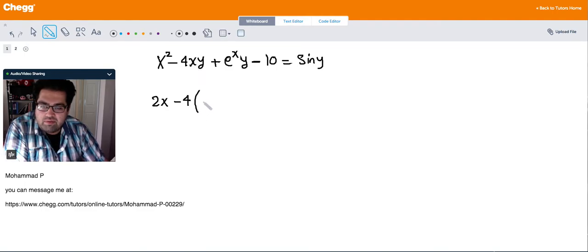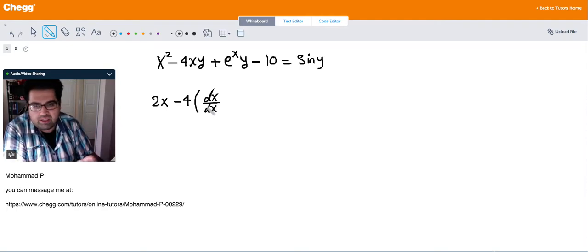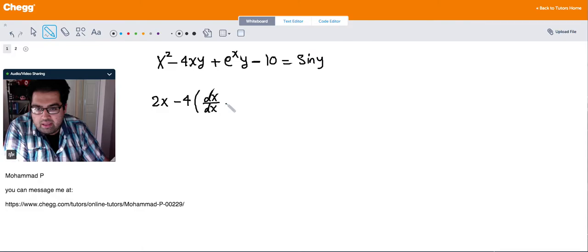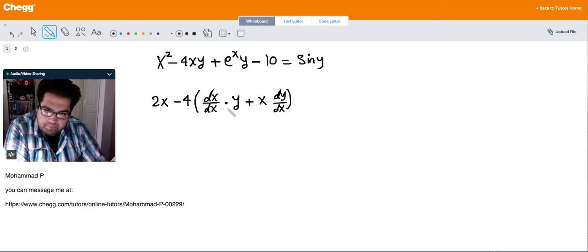So the derivative of the first piece is dx dx, the derivative of x with respect to x, which is 1, obviously, times the second part, which is y, plus the first part, which is x, times the derivative of the second part, which is dy dx.